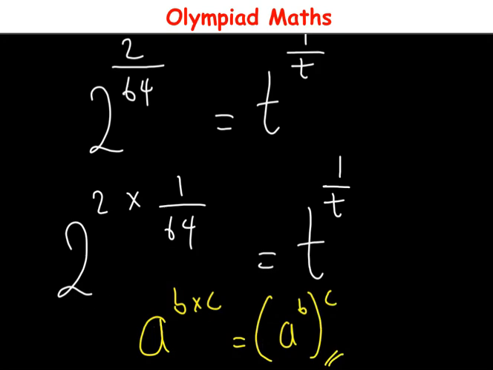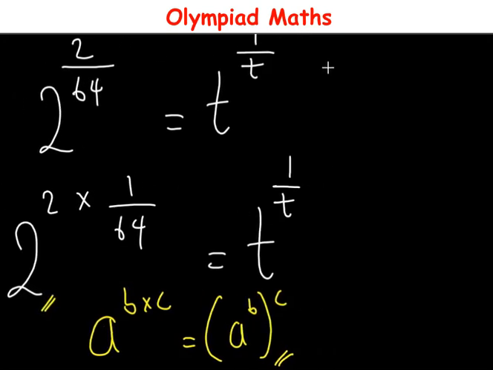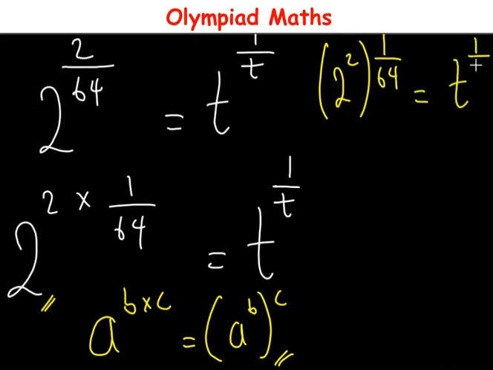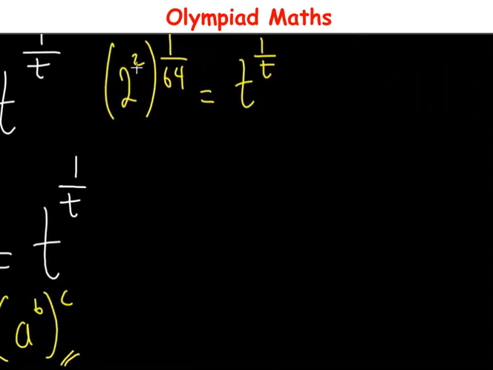Applying this rule right here, what we then have is, in brackets, 2 raised to power 2 and all raised to power 1 over 64 is equal to t raised to power 1 over t. So with this, 2 squared is equal to 4, all raised to power 1 over 64 is equal to t raised to power 1 over t.